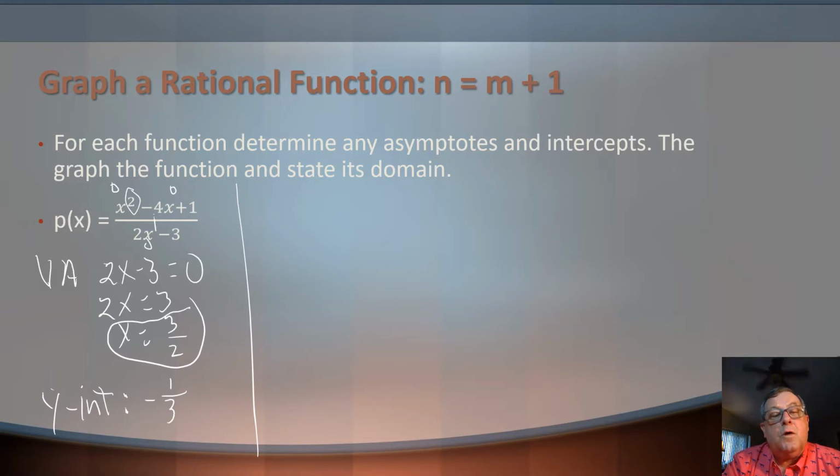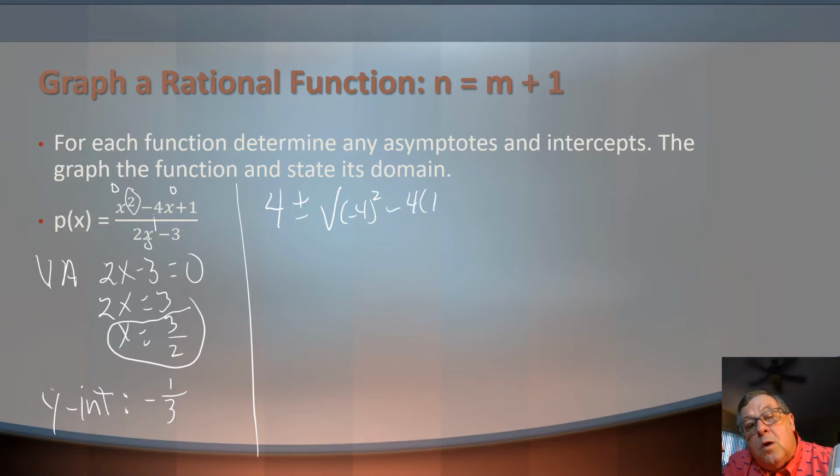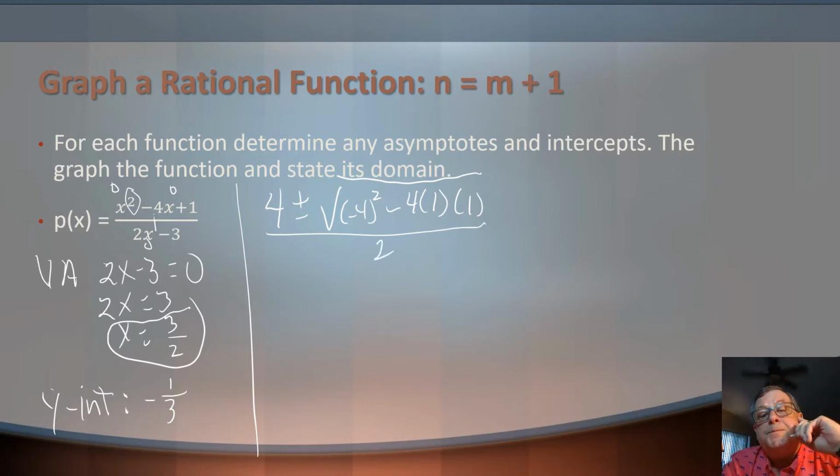All right, so A is 1, B is negative 4, and C is 1. Well, let's start. So I got negative B, well, that's negative 4, so that's going to just be 4, plus or minus the square root of negative 4 squared, which is going to be 16, then negative 4 times 1 times 1, all over 2 times A, which is just going to be 2.